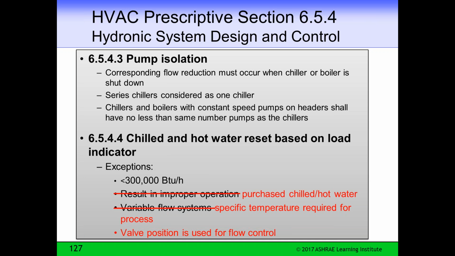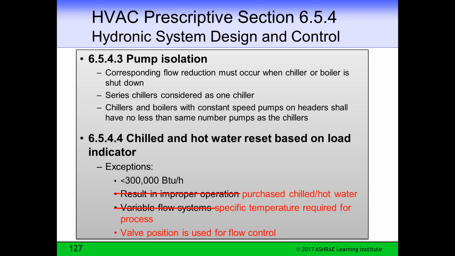So we're going to do a reset of the temperature of the chilled or hot water, and we're going to do that on systems greater than 300,000 BTUs. We used to have a big loophole that said results in improper operation. We've done away with that one, and now we say if it's purchased chilled or hot water.